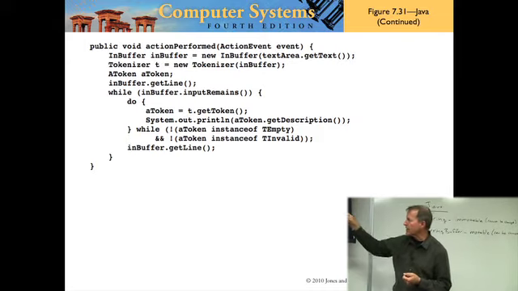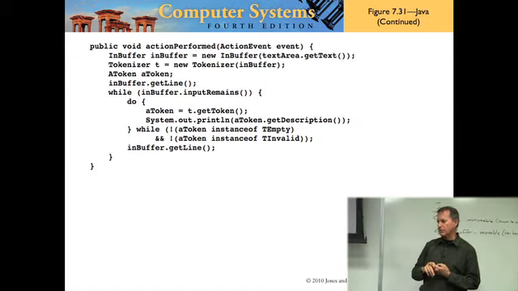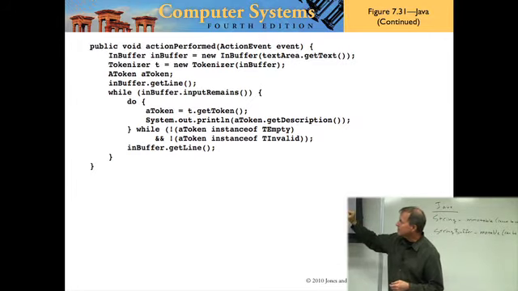The static type is abstract token, and the dynamic type would be either T integer or T identifier. Are you with me? Because dynamic, that's what changes. It morphs. So it's polymorphic. Okay, so this is the way to check the dynamic type.